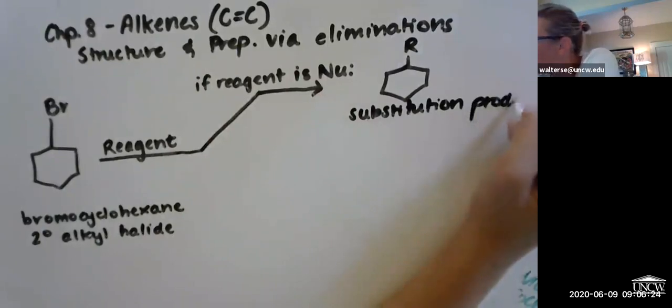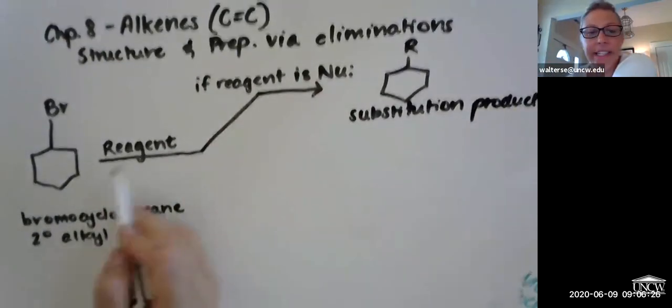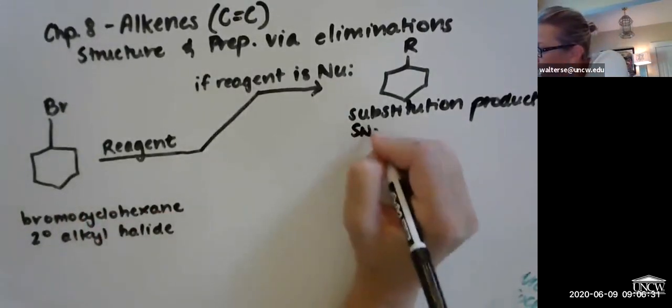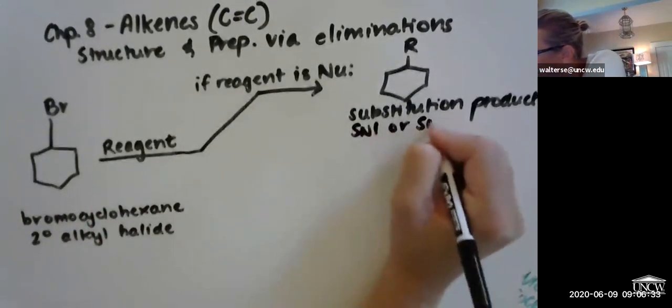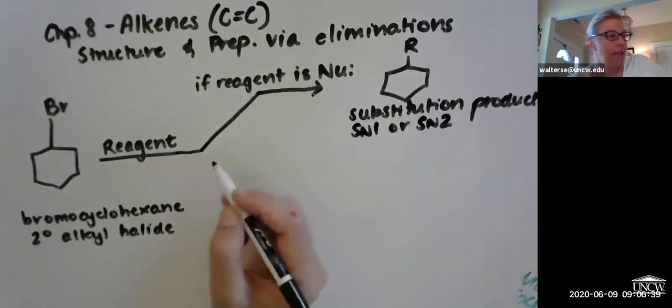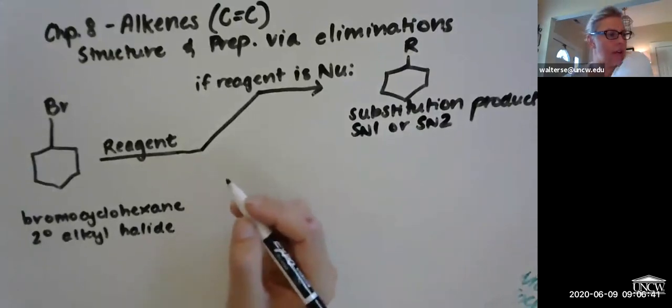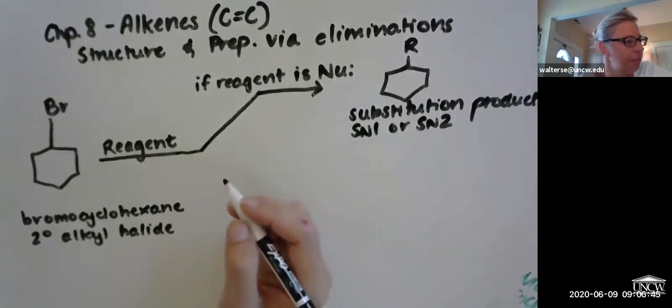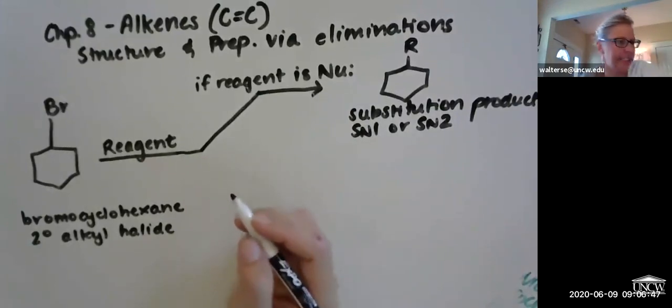And that product, because you don't have a lot of details over here and it's a secondary, this could go by SN1 or SN2. Sorry, I had pulled up notes and then I looked at them and that's not exactly what I saw.